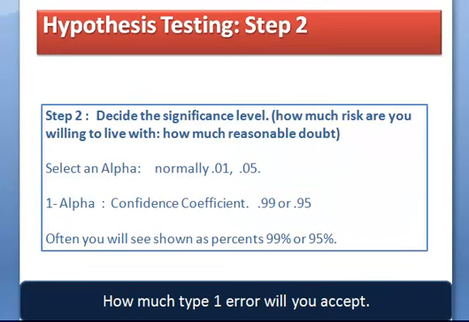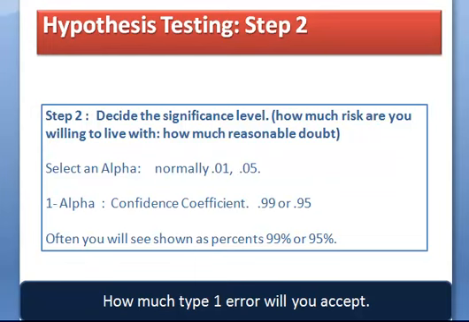All right, now step 2 is to determine the level of significance, or the alpha. How much reasonable doubt are we willing to live with? Normally it's 0.01 or 0.05. Sometimes you'll see as much doubt as 0.10. 1 minus the alpha is called the confidence coefficient or the confidence level. So 1 minus 0.01 is 0.99, or 0.95.